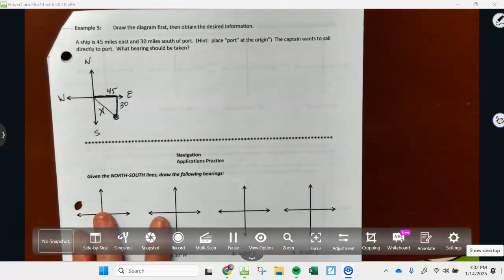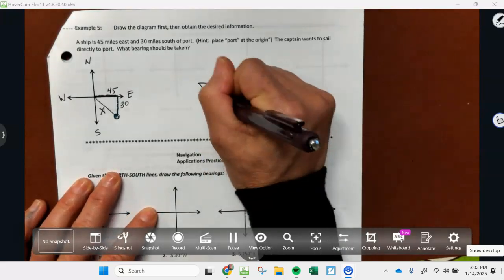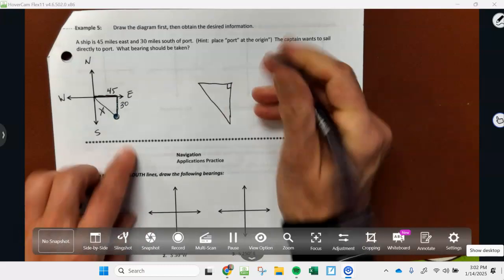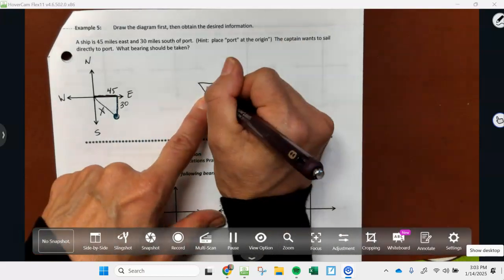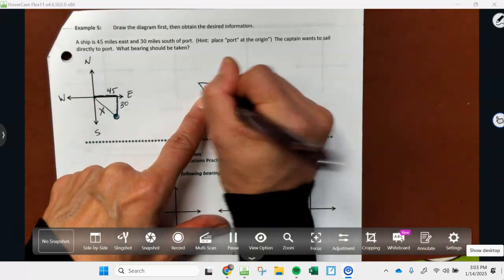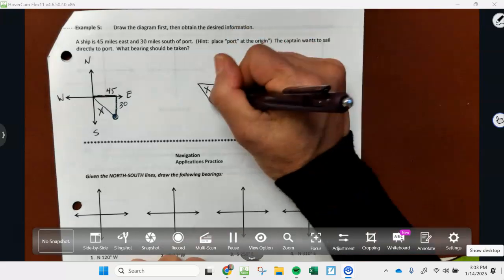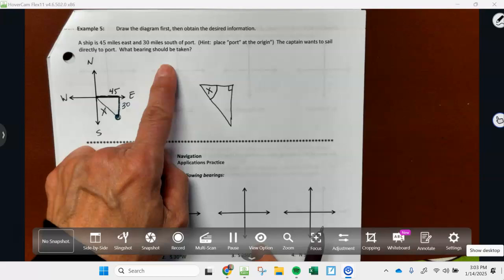Let me just separate this so we can see clearly what's going on. Again, your right angle is representing that angle right there. We want to know this distance that they're going back home. So that's the bearing that we want to give the captain to the ship to go back home.